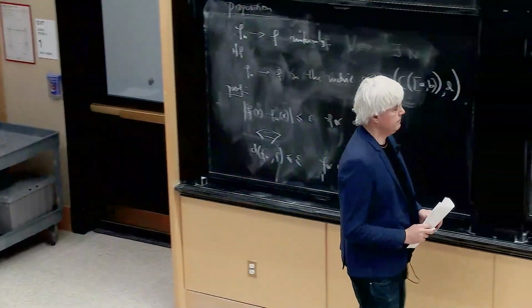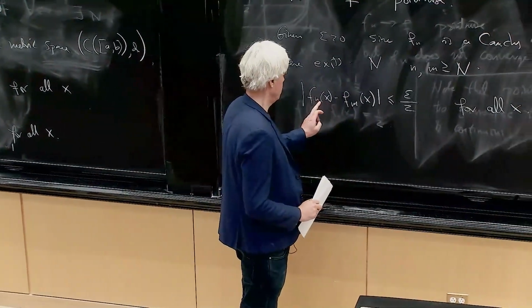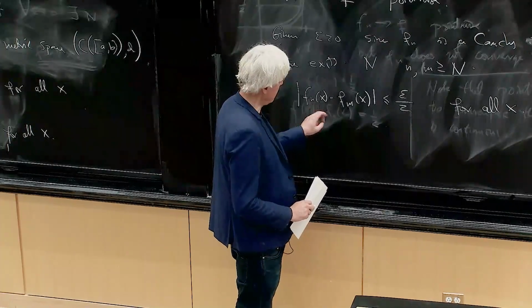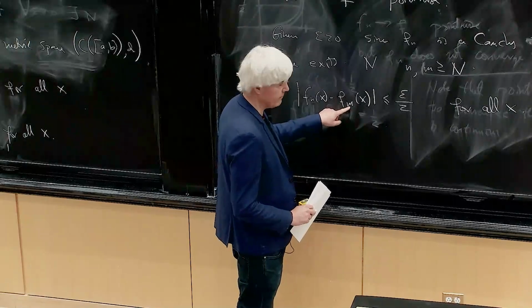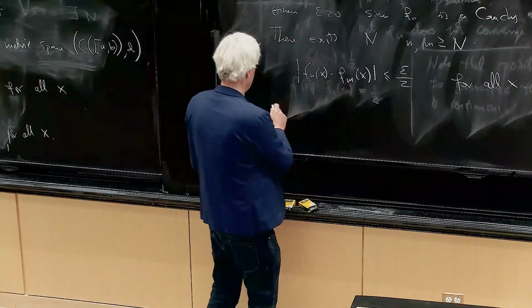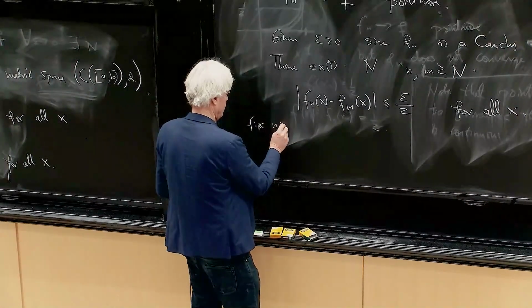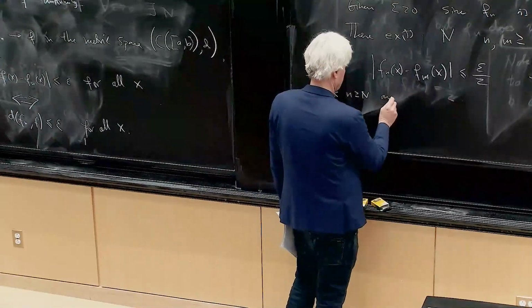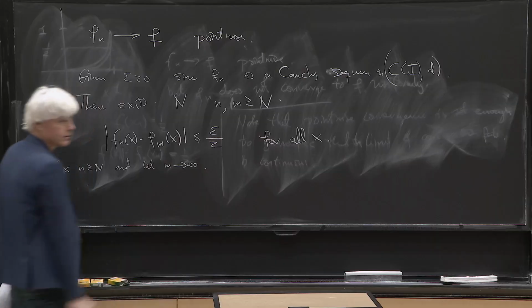But now, this holds for all m and n. Let's just fix n bigger than capital N. I can still let m vary. So let little m go to infinity.